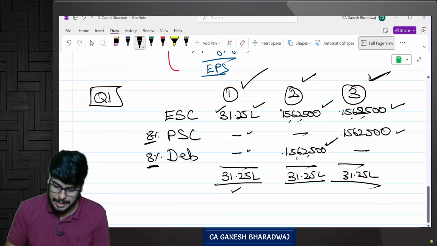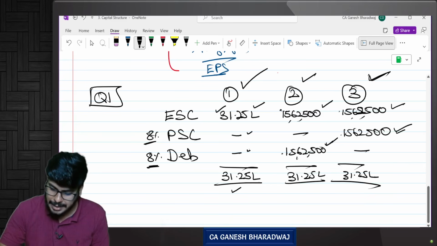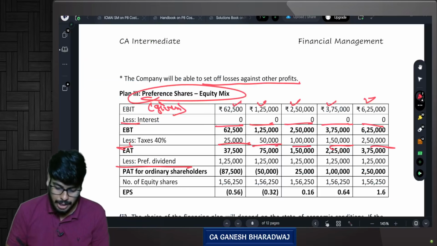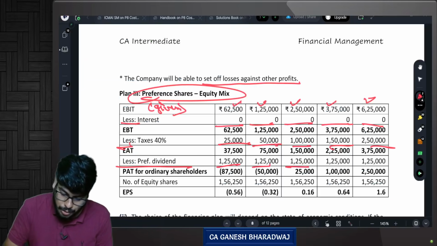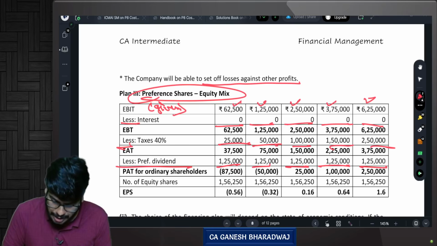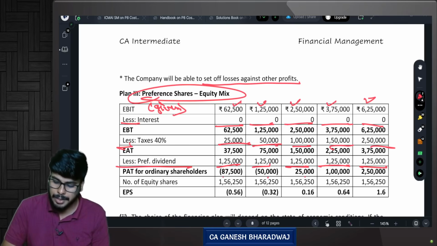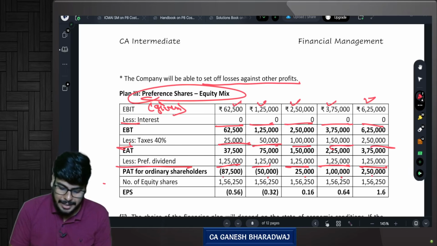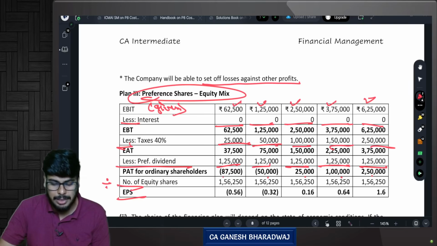Preference dividend, how much is it? It is going to be 8% on 15,62,500. That is going to be 1,25,000. You reduce it, and you get your profit after tax, that is earnings after tax, also known as earnings for equity shareholders. So you get minus 87,500, minus 50,000, 25,000, 1 lakh, and 2,50,000. Divide this by the number of equity shares.